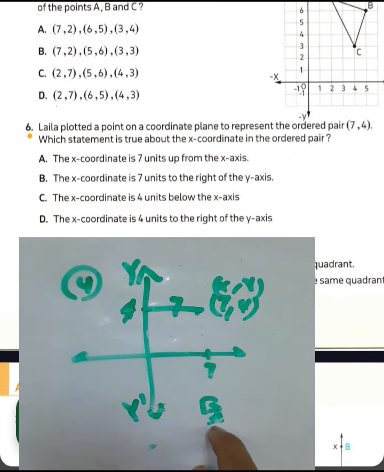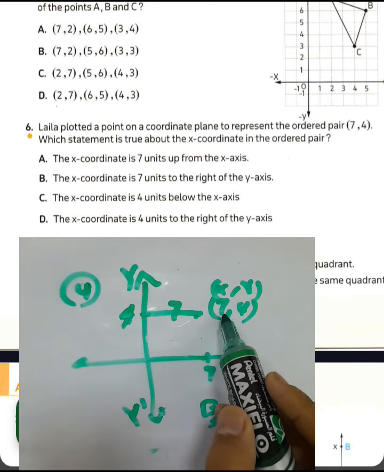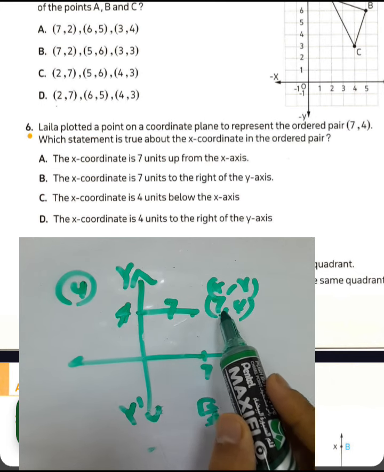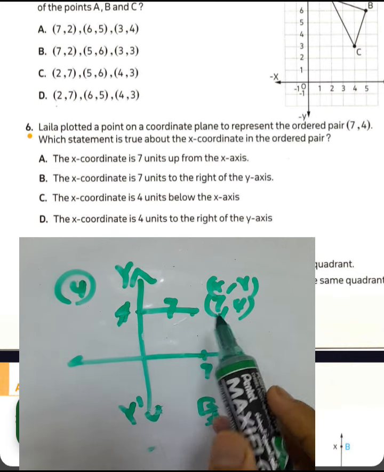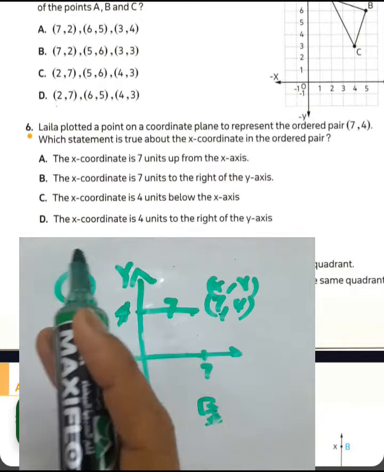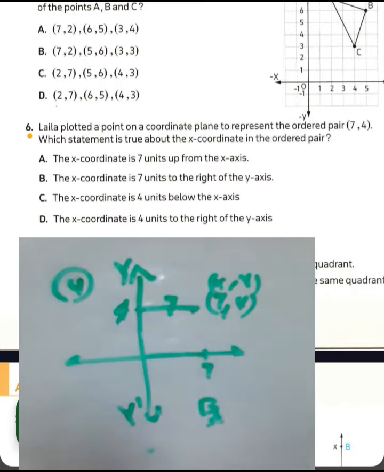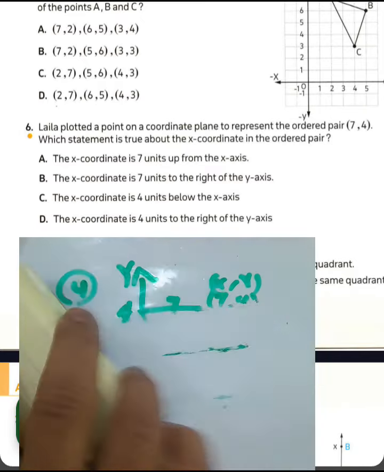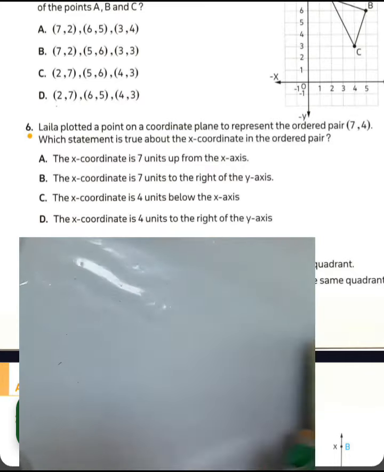Then the result, we must choose letter B. Understood? Again, the point (7, 4), the x-coordinate is 7, 7 units to the right of the y-axis. Choose letter B for question number 6.